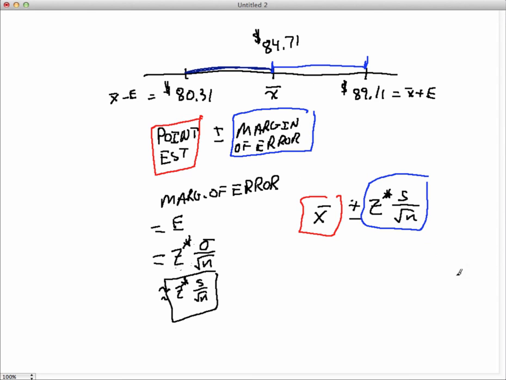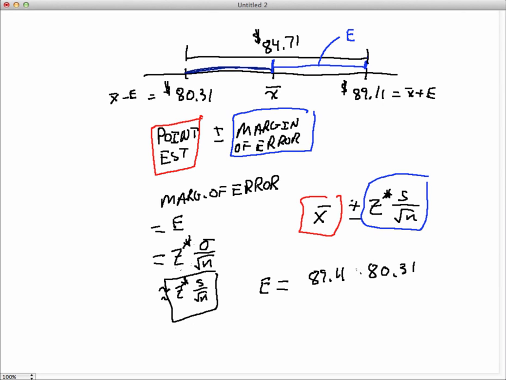In other words, if I know the length of my interval, if I know how long this distance is from here to here, then by cutting it in half, I should be able to figure out what E is, because E is going to be this distance right here. So we know that the margin of error, E, is going to be equal to 89.11 minus 80.31, excuse me, not plus, my bad.